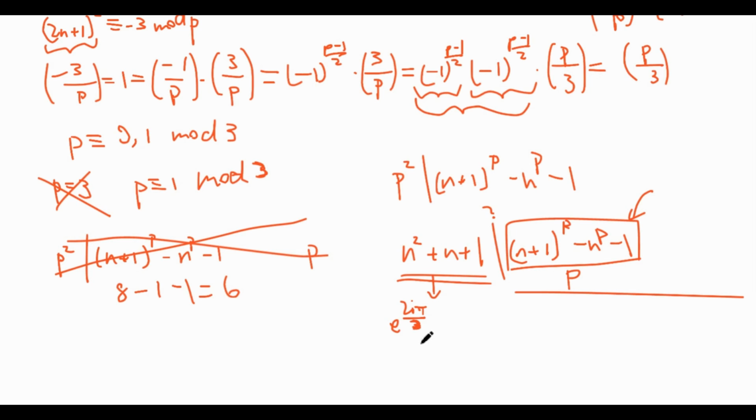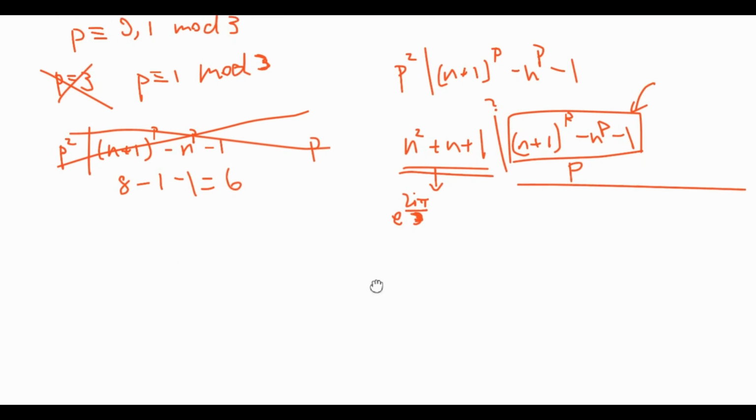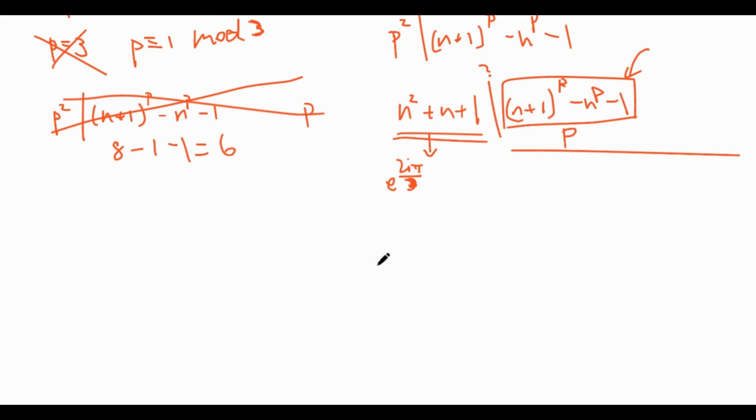Since these are just complex conjugates of each other, I'll just check one of them. The other one's identical. So let's try plugging in n equals e to the 2i pi over 3 for this thing and hope it becomes 0.